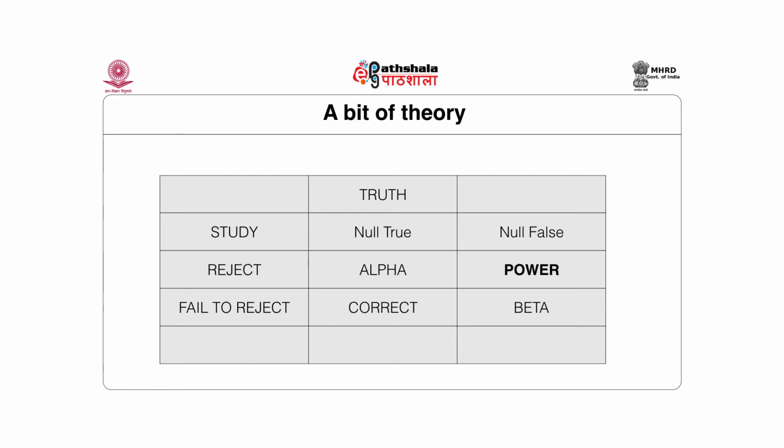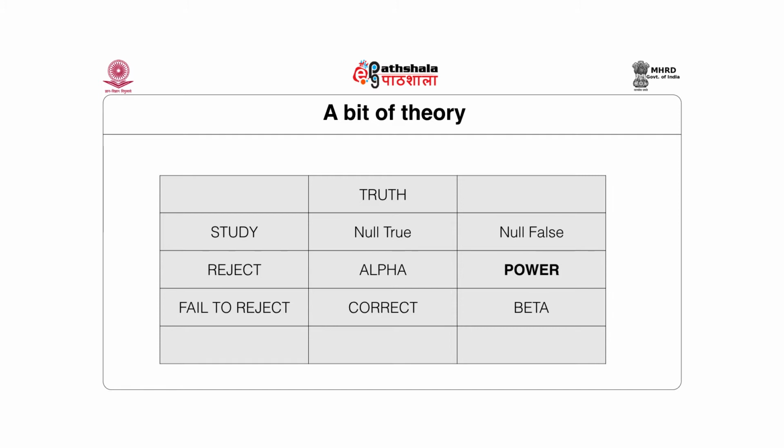There is another way in which you can commit an error. You have conducted a study, or you will be conducting a study, but as a result of this study, you see that the number of people who got better was almost identical, or the extent of improvement that you expected with your new drug is as good as with your old drug.